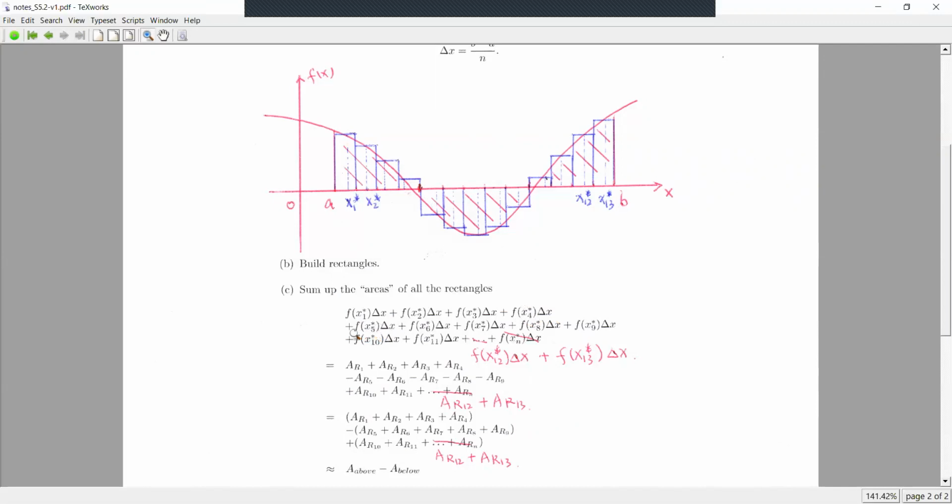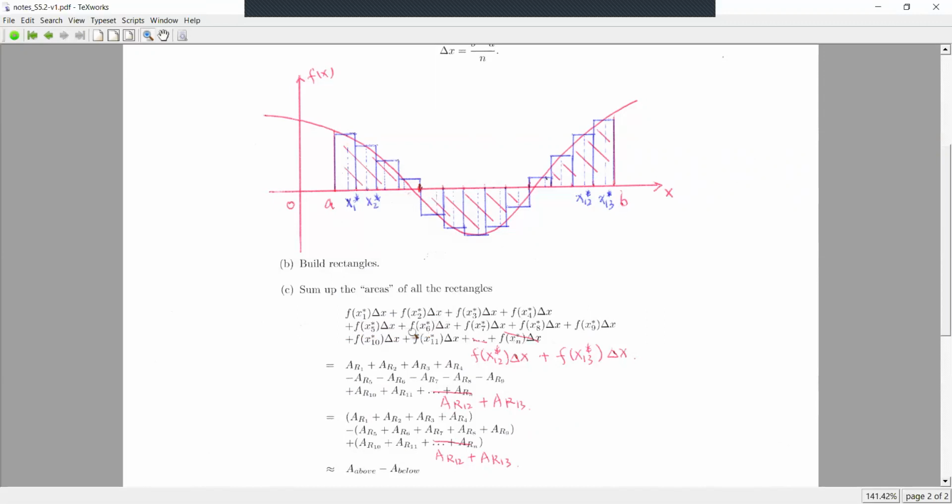Pay attention. Function value at x5 star is negative. Function value at this point, negative. So, a negative number times base is a negative number. The product is negative. But the area of a rectangle is always a positive number. So actually, this product is -1 times the area of this rectangle.